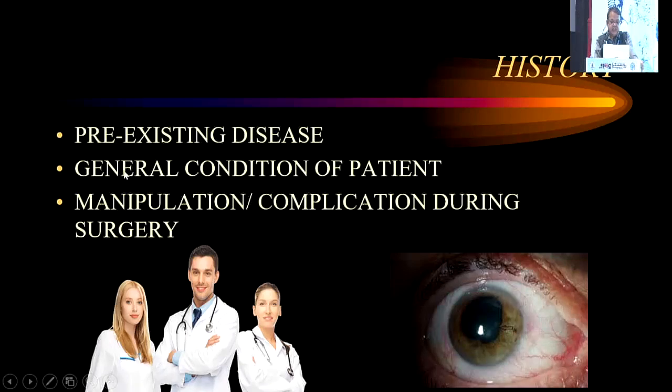If the general condition is not good and the patient gives a history of septic foci in the body, like UTI or some infection in the wound, then it's usually infective. You also need to take a very good history from the surgeon about whether a lot of manipulation was done or any kind of complication occurred during surgery. If manipulation or complication has occurred, it's usually a sterile reaction.